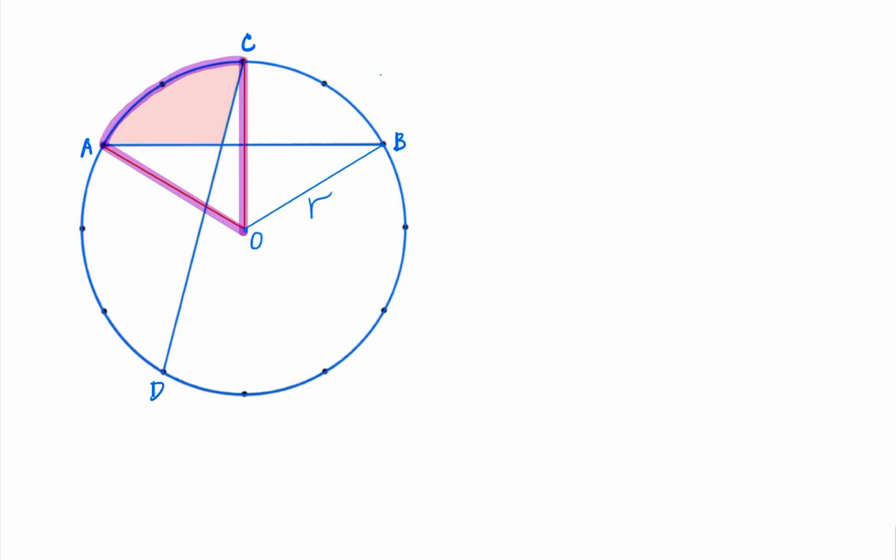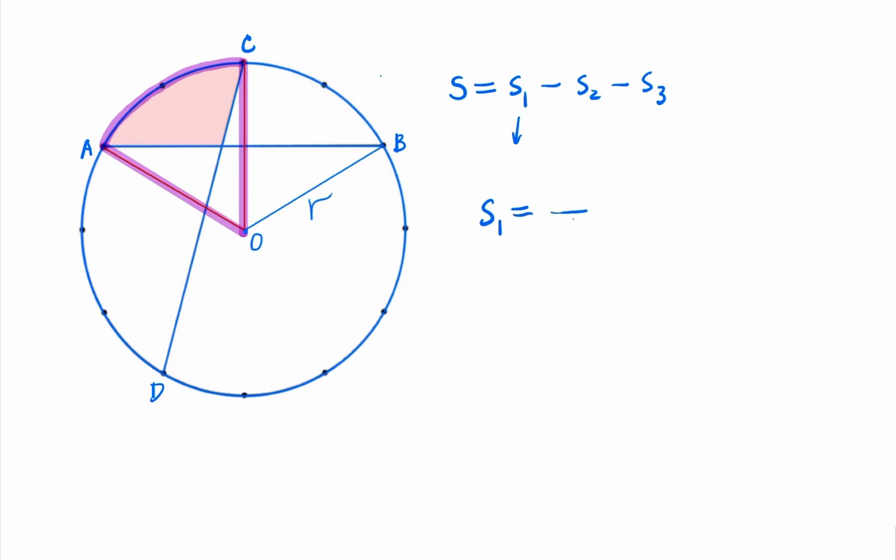We claim that S is going to be S1 minus S2 minus S3. What is S1? This is 1/6 of the circle, so S1 equals 1/6 of pi r squared.